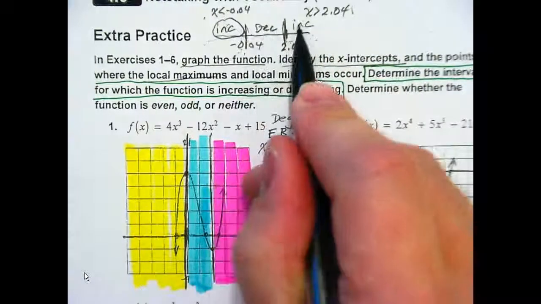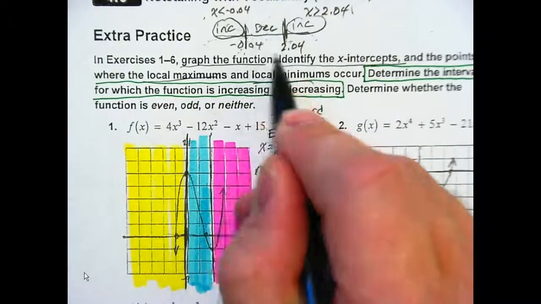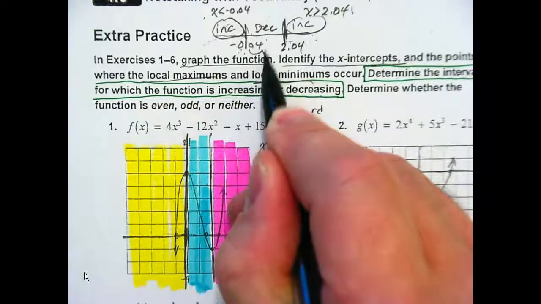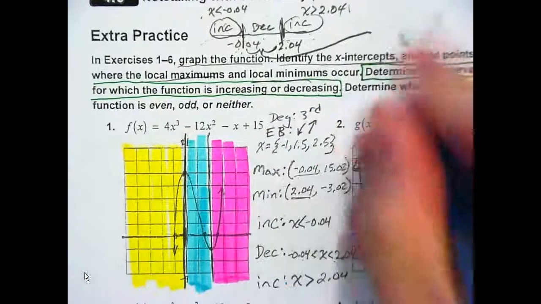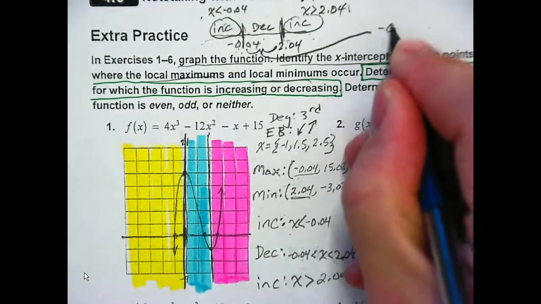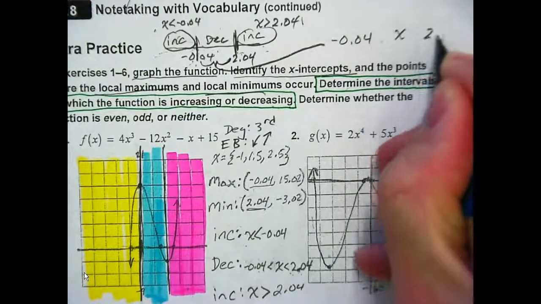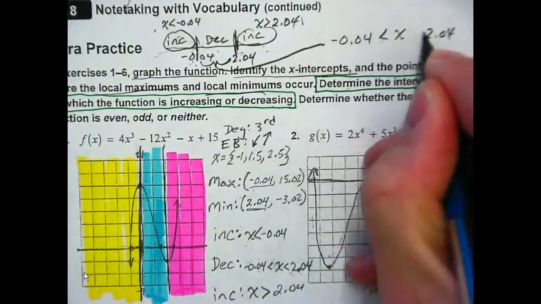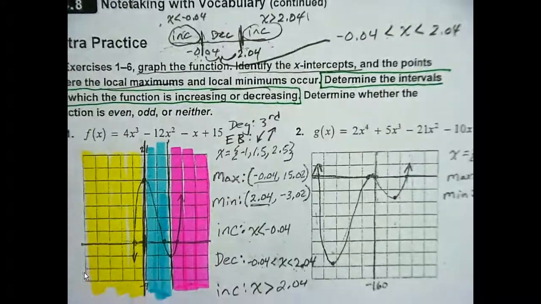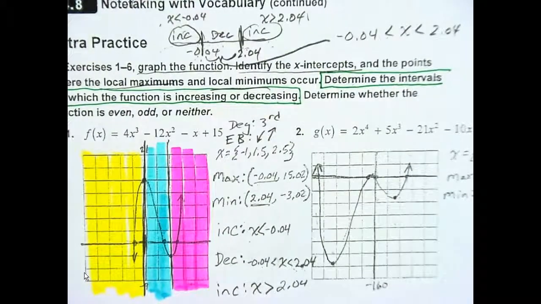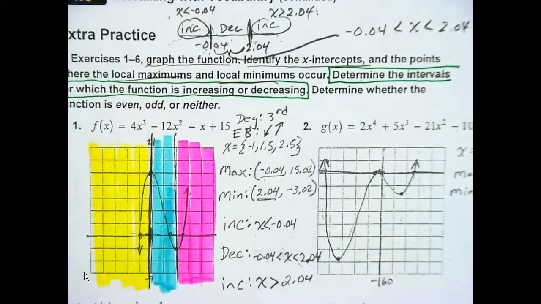That compound piece, this chunk right in here, we can take out and say, well, that's in between negative 0.04 and 2.04. So that's written out like that. It's another way to think about it. Okay? Think we got it?